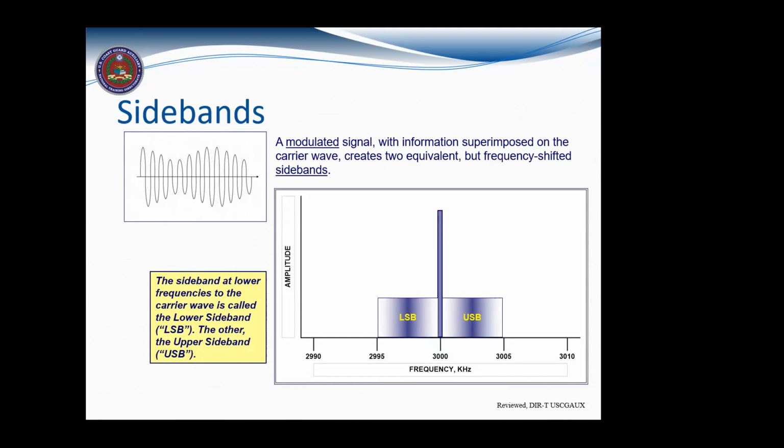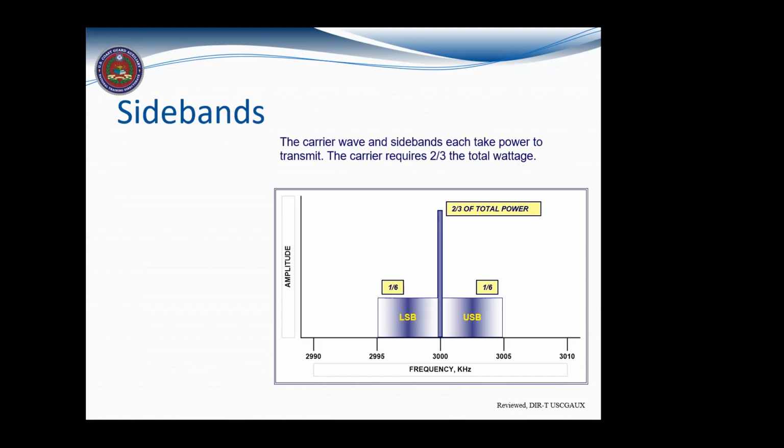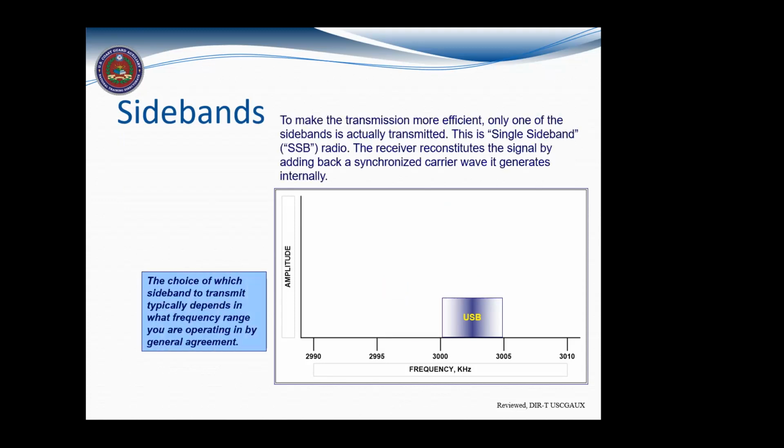So some radio technologists got together and started thinking, how can we use the power more efficiently and get a better reception? They decided, rather than duplicating the information on either side of the carrier, what if we only used one side? So instead of putting information on either side, let's just pick one side.